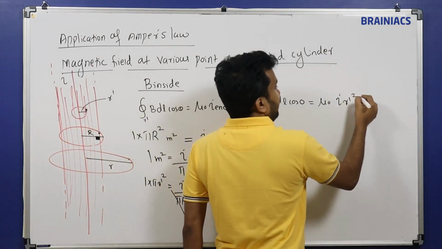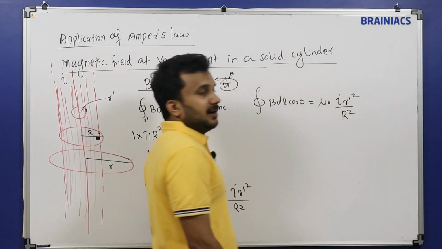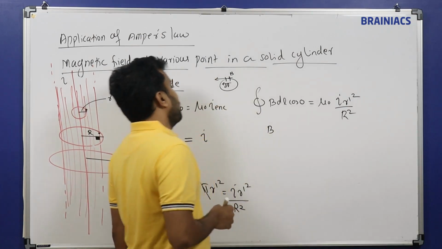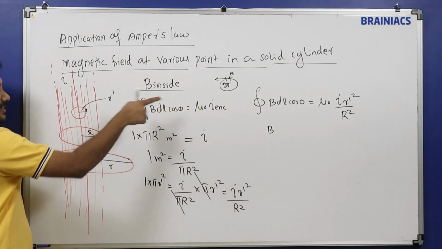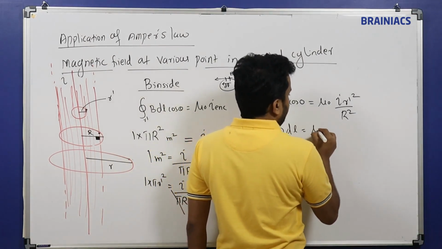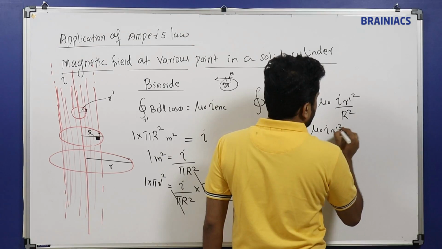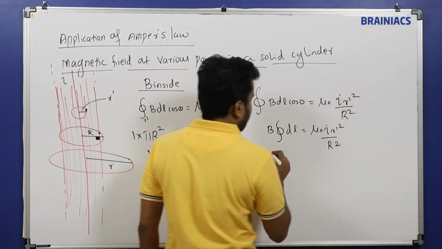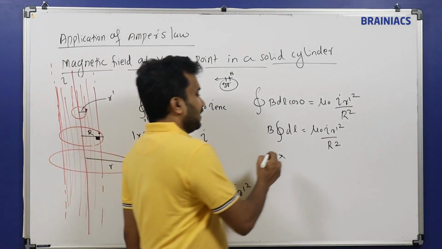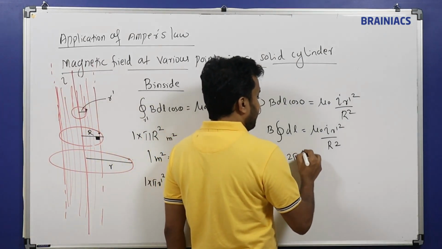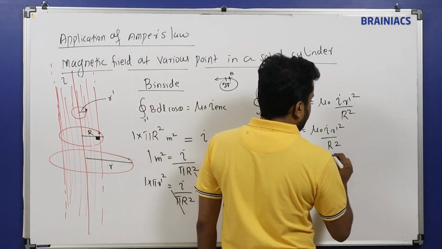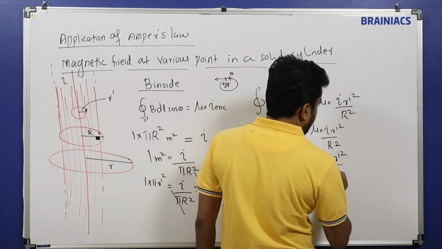I into r dash square divided by capital R square. So B times the integral of dl for a circle equals mu 0 I r dash square by R square.